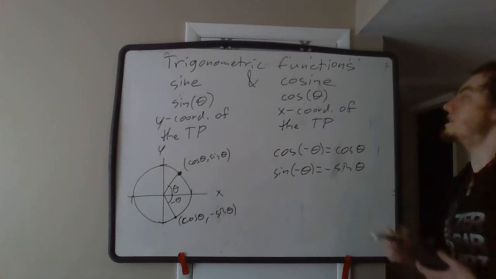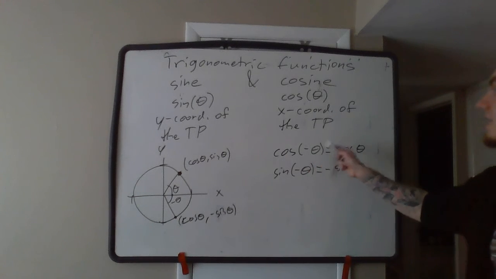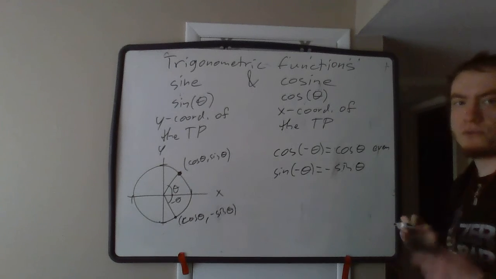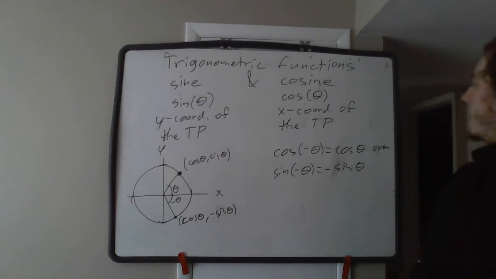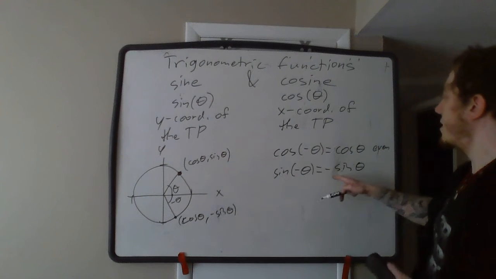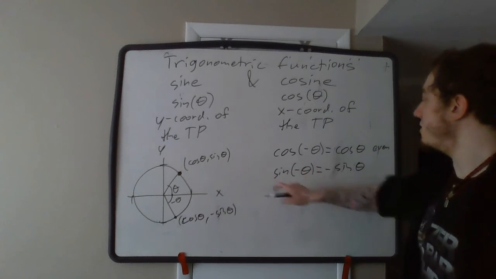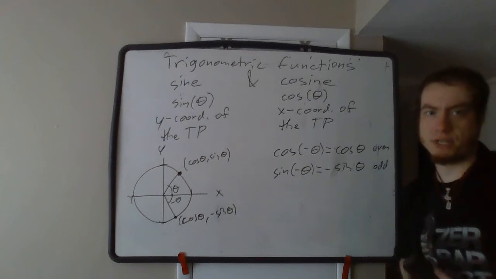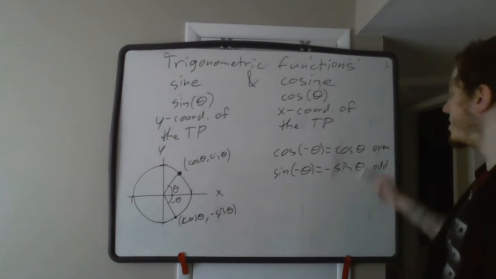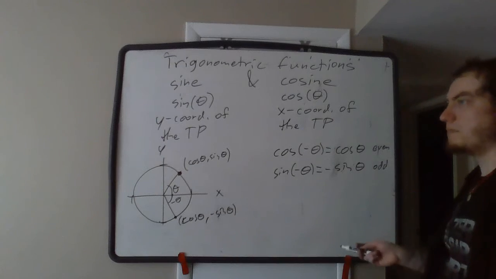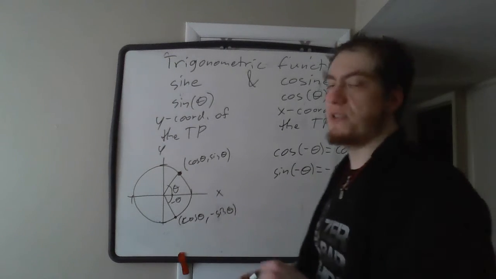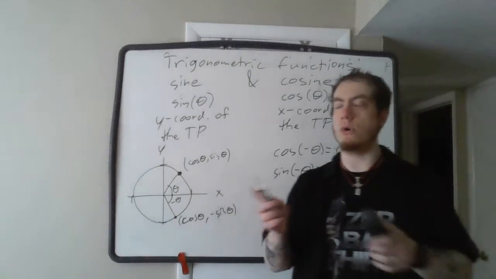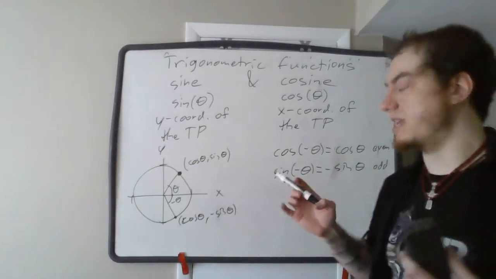Now, you may not have heard these terms before, but when you have this kind of property, we call such functions even functions. And we call functions with this kind of property, where you can bring the negative outside of the function, odd functions. The reason that we call them that is because if I have an even function, then its graph is going to look something like the graph of a polynomial which only involves even degrees.